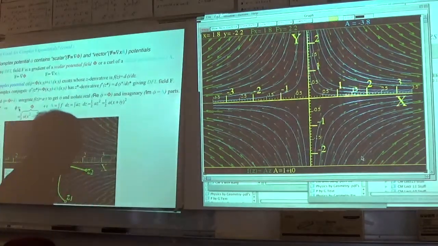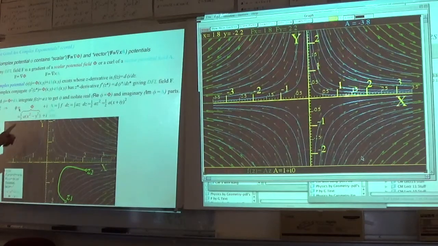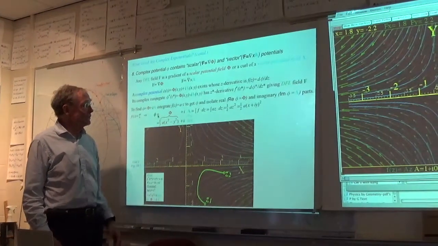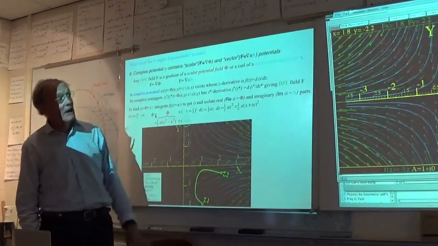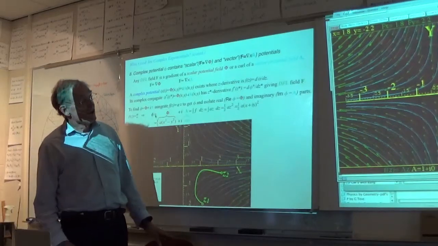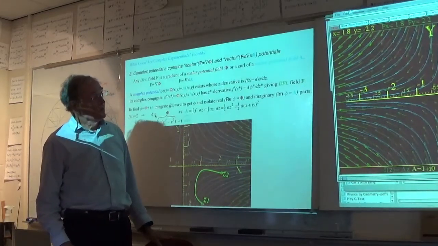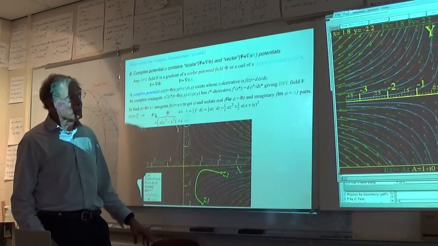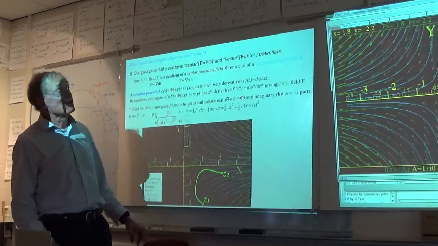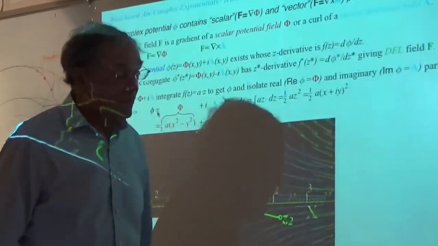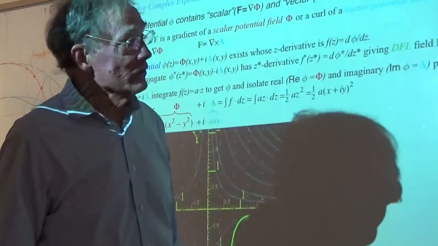The red one, the scalar potential, is x squared minus y squared. Equilateral hyperbolas that cross the axes, the red curves that you see on that diagram there. And then the other one was simply a constant times x y, the blue curves. They're equilateral hyperbolas that use the axes as asymptotes.